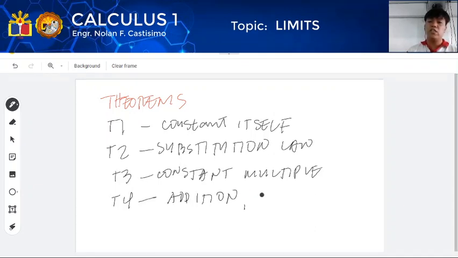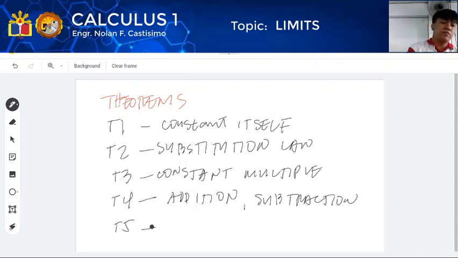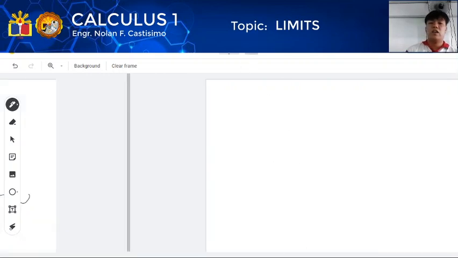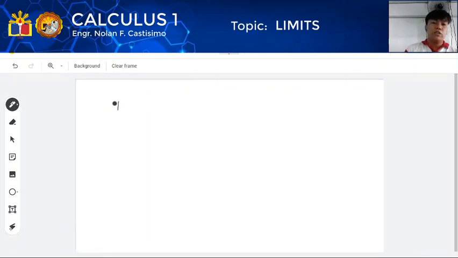And of course, the subtraction. Include na natin dyan. And then the theorem 5, for theorems of limits, we have the multiplication. And next, our theorem 6.